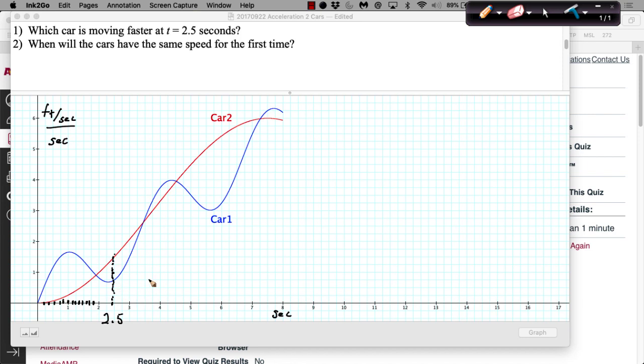It's acceleration. So how do we think about getting variations in speed? Accumulation of variations in speed. We think about little intervals, right? Say in this interval right here, how would we get the variation in each car's speed in that interval?